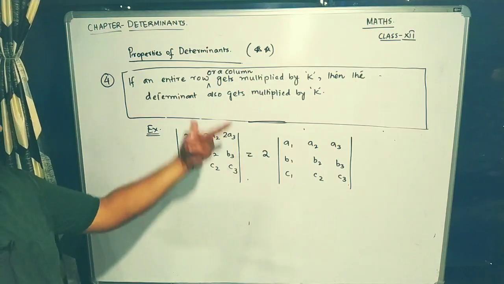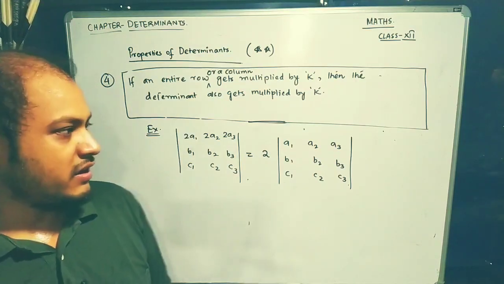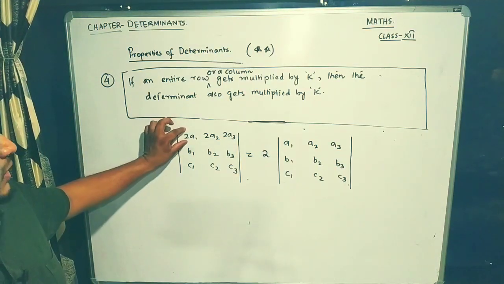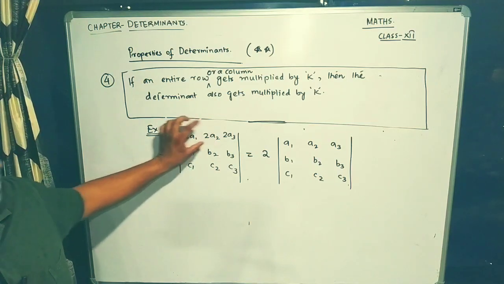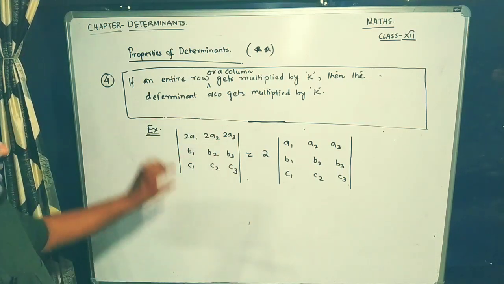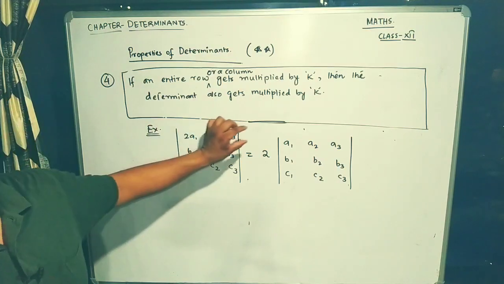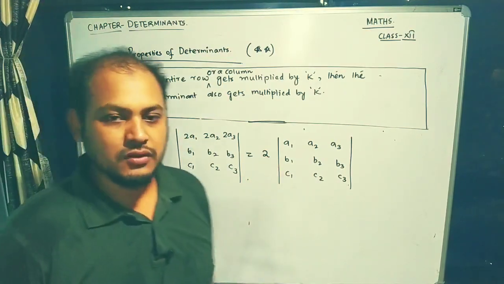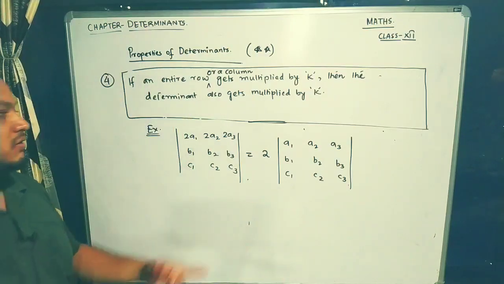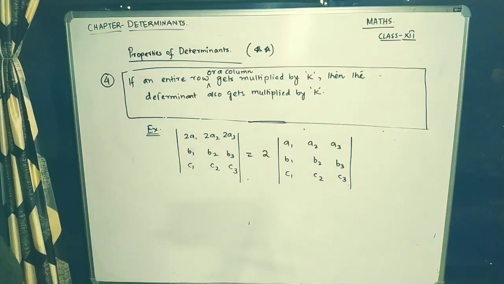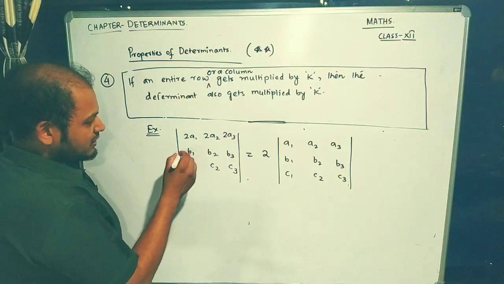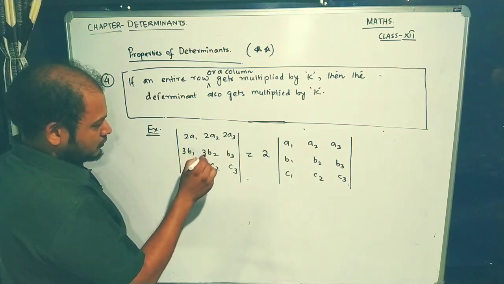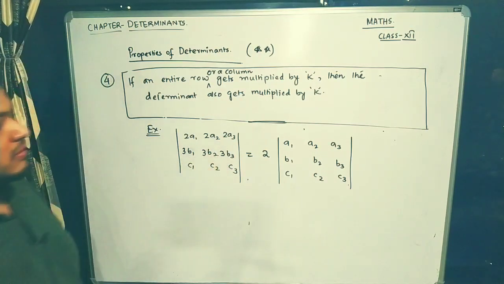So this is what property number 4 tells us. It tells us if there are some common numbers appearing as multiples in any row or any column, then you can take the common factor along any row and take it outside the determinant as a product. So this is a very, very important property. You have to keep that in mind. For example, if I would have given a 3 here, what would have happened?